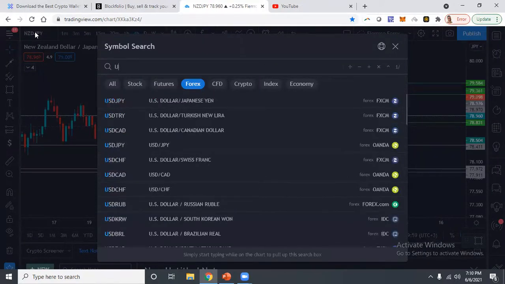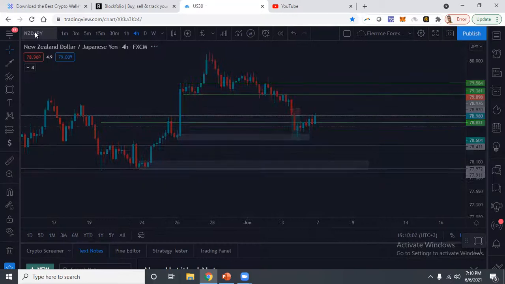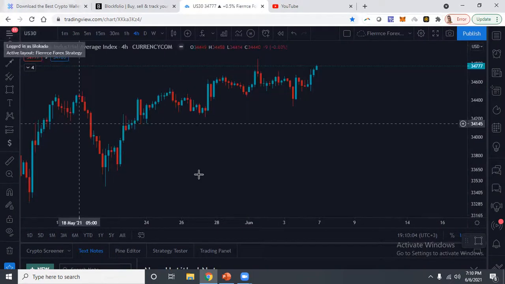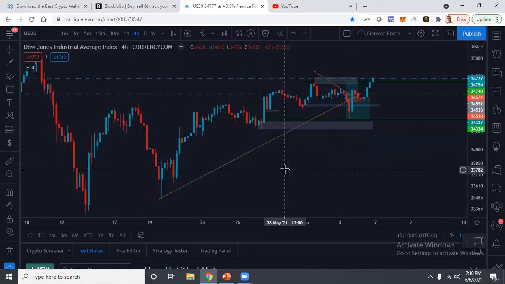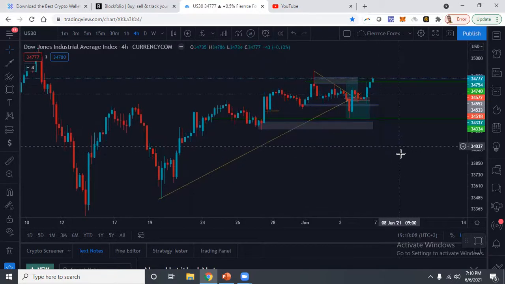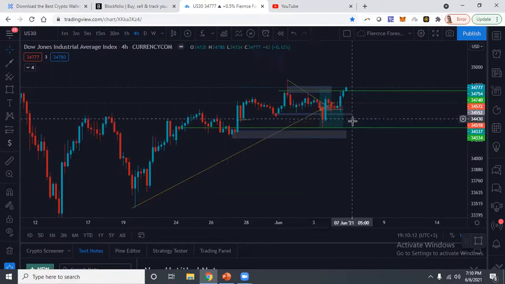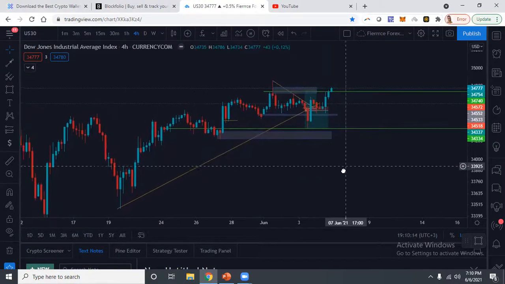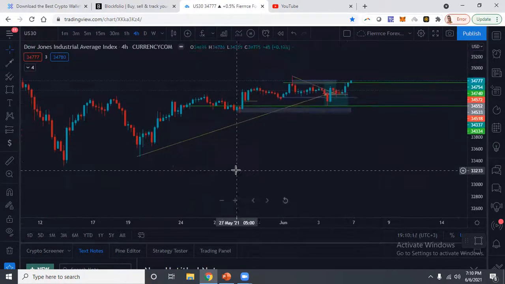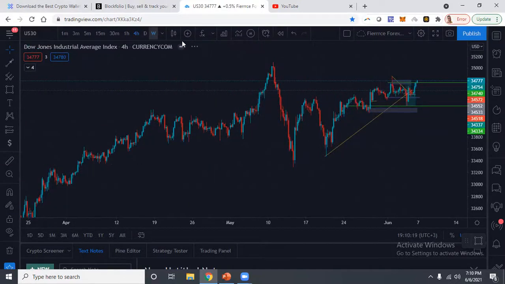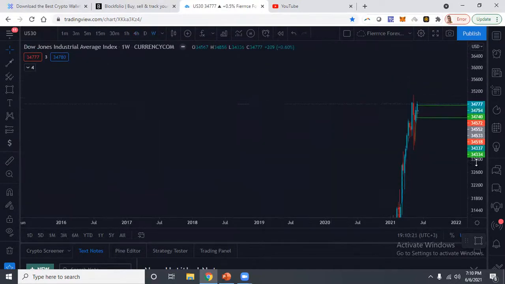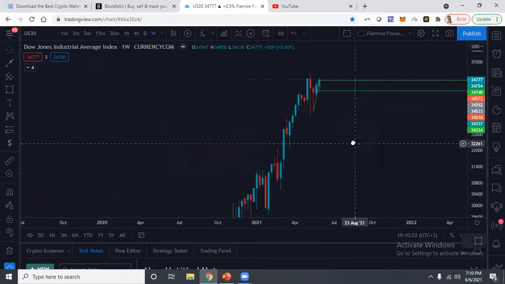Okay, so let's look at the indices. One of our faves being US 30. So as you can see, last week was awesome. We killed the market, literally. US 30 is definitely bullish. It's been bullish.